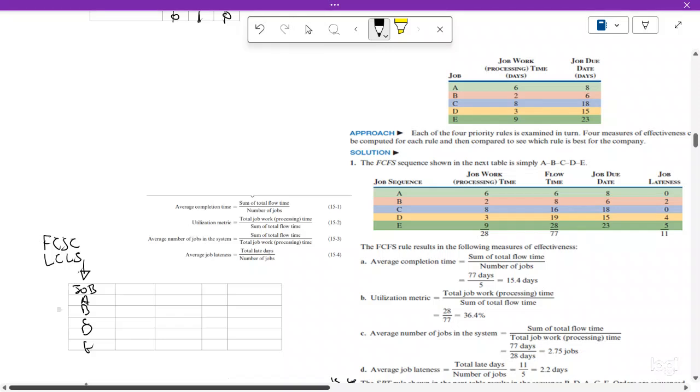You're using this sequence, the symbols of the jobs.